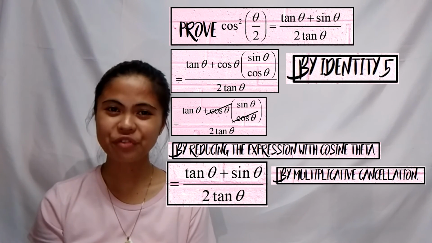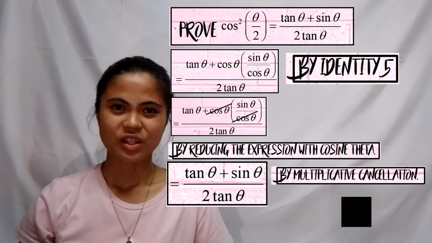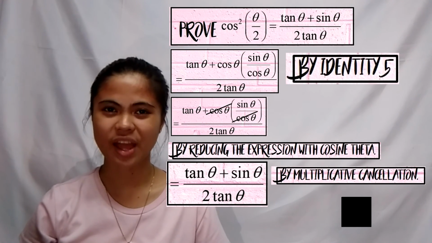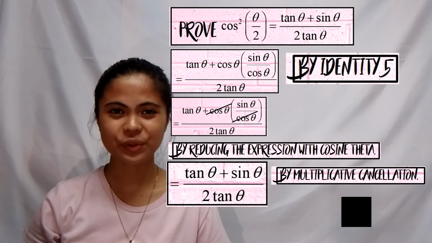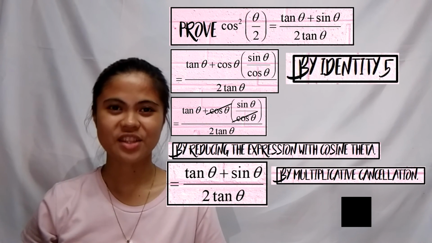And again, don't forget your QED. Now, we have proven that cosine squared of theta over 2 is equal to tangent theta plus sine theta over 2 tangent theta is true using case number 1. So, there is no unique technique in proving all identities, but familiarity with the different techniques may help.